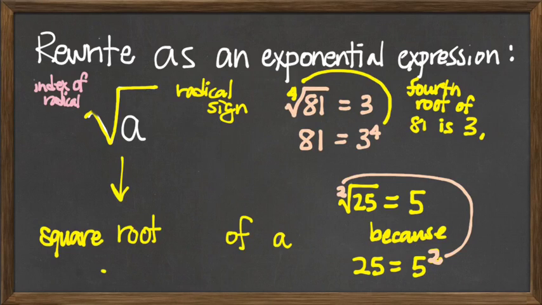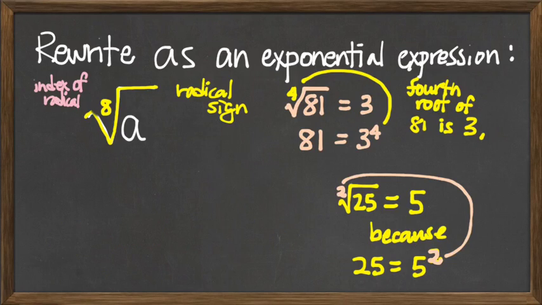So that's what's going on here. In the original problem, we're taking not a square root of a, but an 8th root of a. So that's the first thing to let cook in this problem.